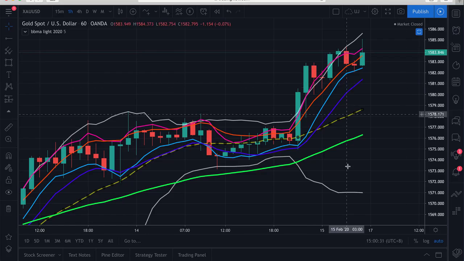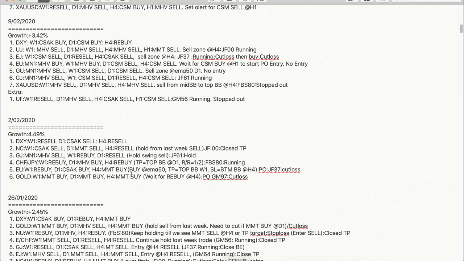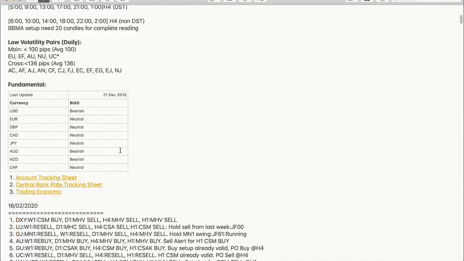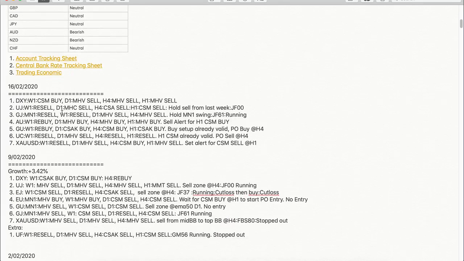Okay, so let me do a quick recap. So for this week, we have USD JPY and also GBP JPY, both the positions that we took and still hold from last week. We have AUD USD, which is a buy, wait for CSM buy.